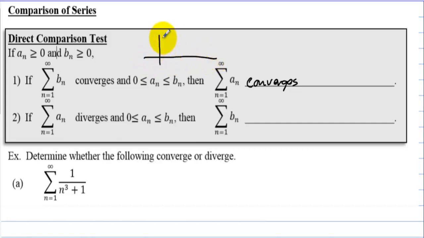Number 2, if a sub n diverges, and a sub n is between 0 and b sub n, then a sub n is forcing b sub n to diverge as well.